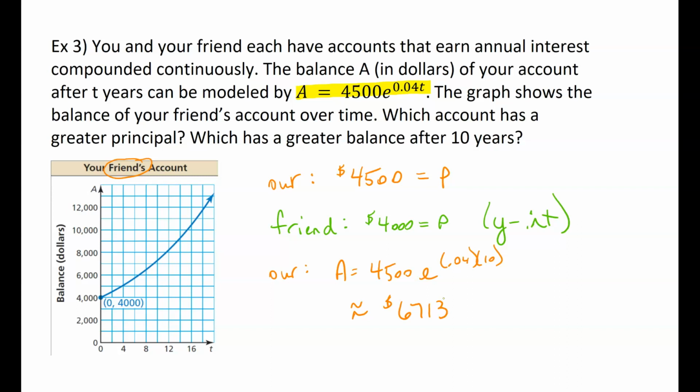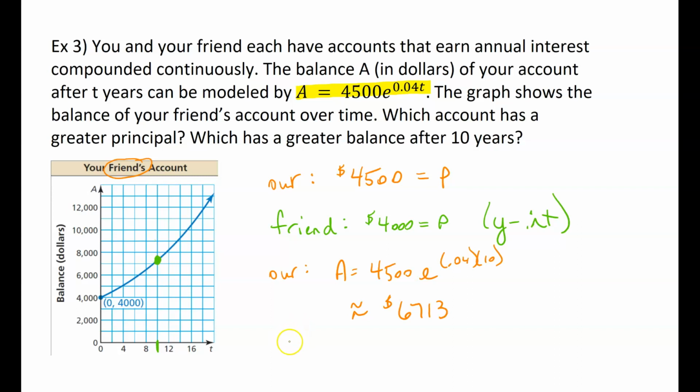And so what are we going to do with regards to our friend's account? Find it on the graph. Find it on the graph, and we're going to look for t equals 10, which is here, and look to see where our graph is at t equals 10. And what do we see there?